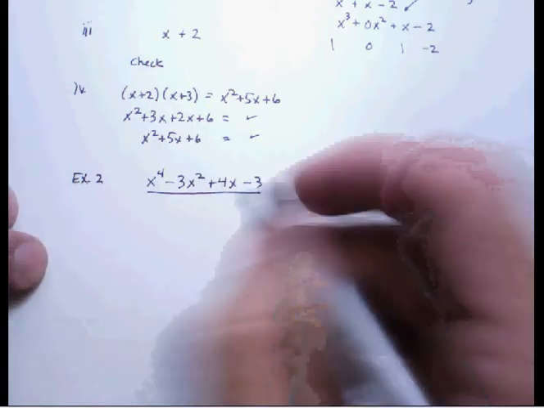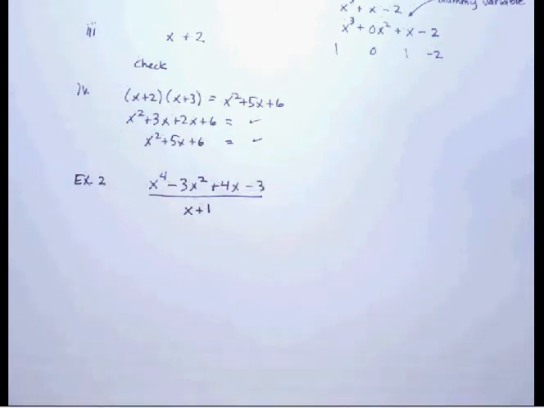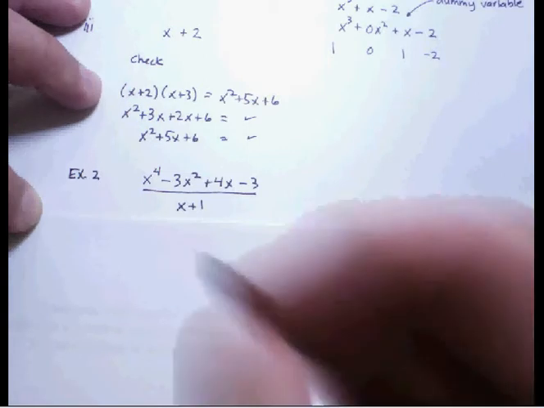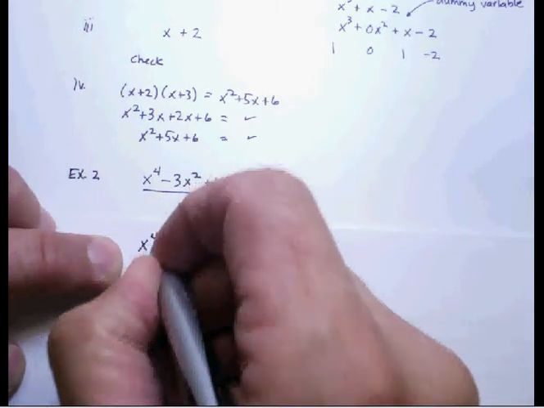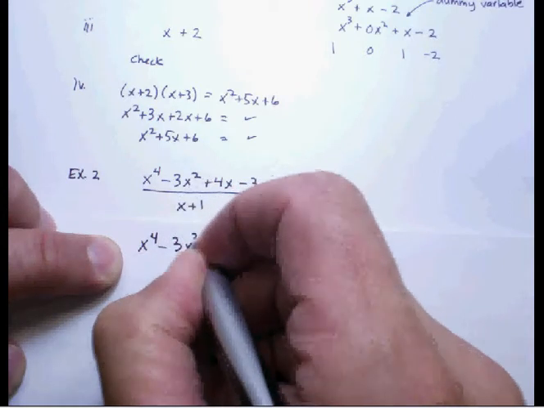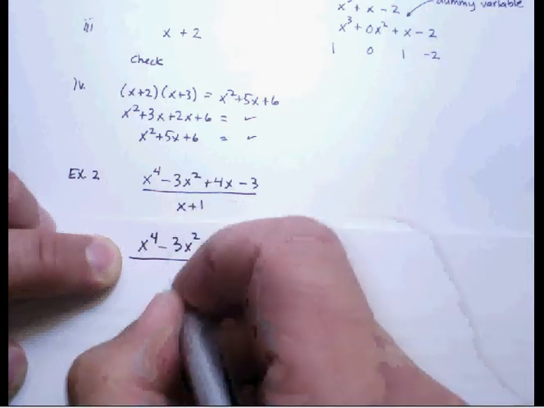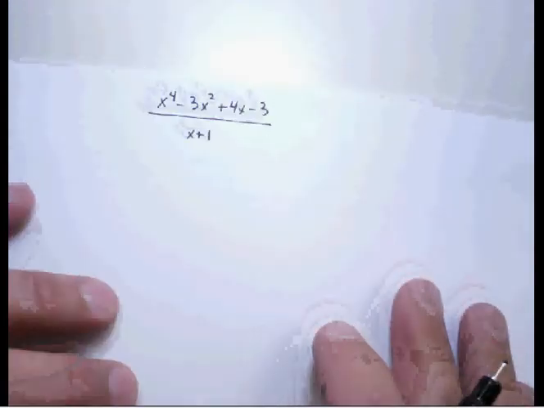Okay? Now again, let's go through all the steps. Actually, let me just write this on a separate sheet of paper so I can have a little bit extra room. So bear with me for just a second. Okay, so now the first thing I'm noticing here is that I am missing the x cubed.